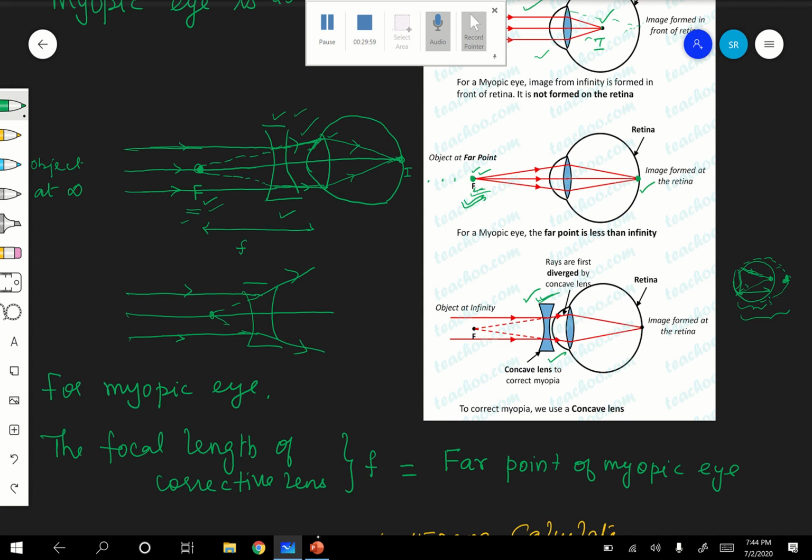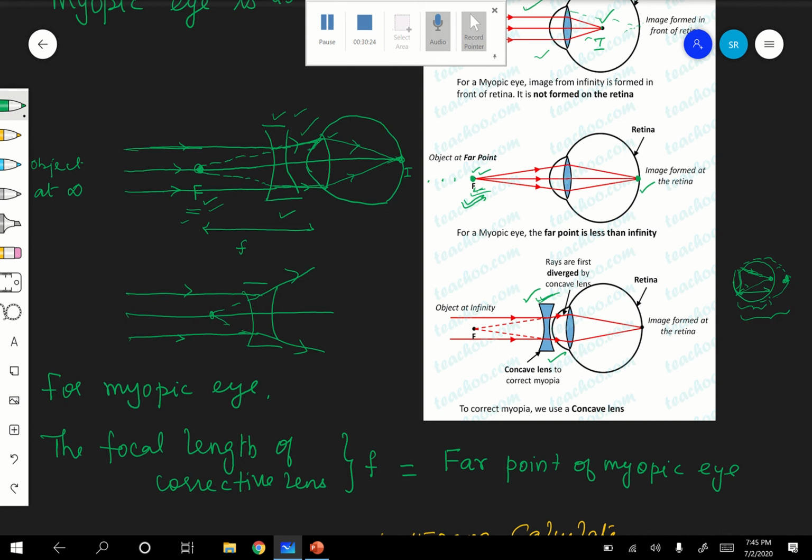Therefore, the distance of the retina from the eye lens increases. So this is the first one. Noted. Number one is increase in the size of the eyeball, that is, the distance of the retina from the eye lens increases. This is the first cause.